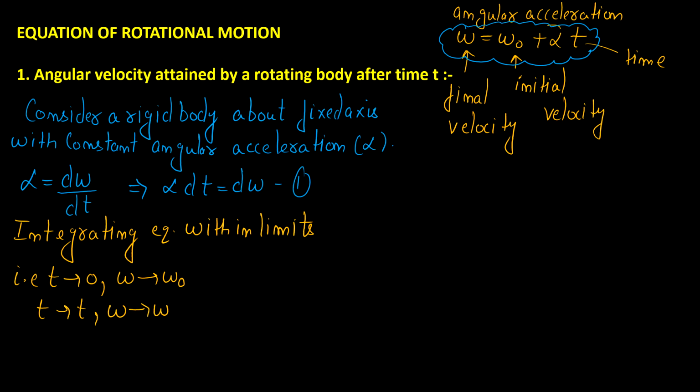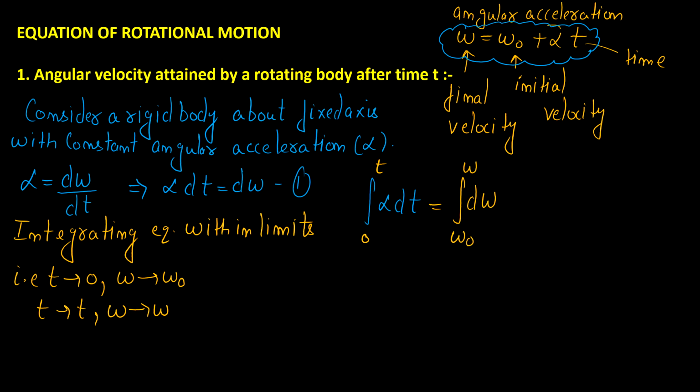Then put this in equation first, we get integrating alpha dt, limits 0 to t, equal to integrating d omega, limits omega naught to omega.